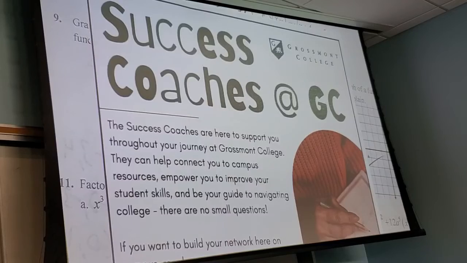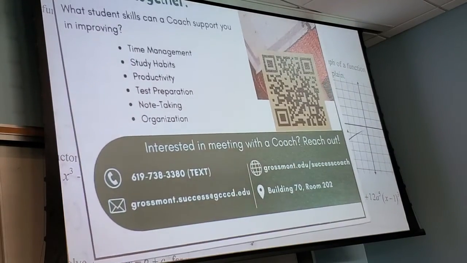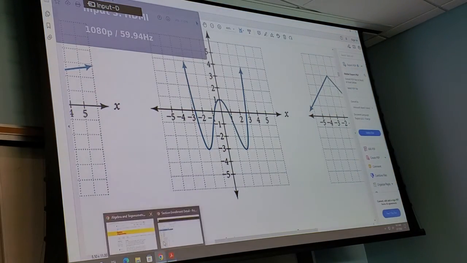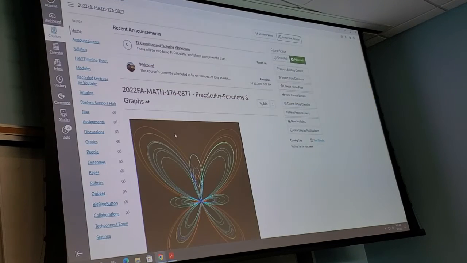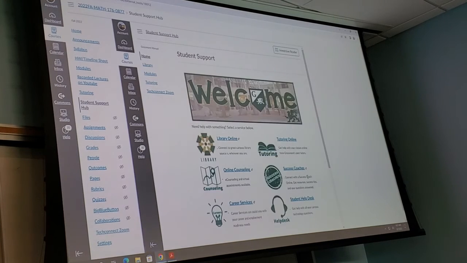So here's their information, but even better than that, on our Canvas shell, you see, where is it? There's the Student Support Hub. That could load some, there we go.